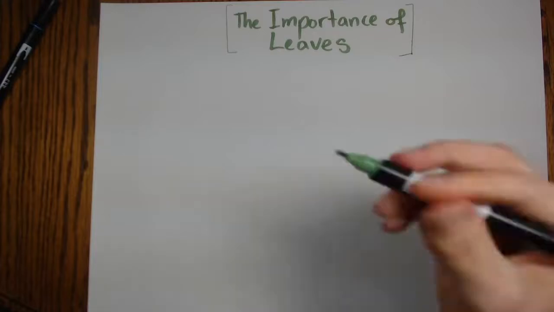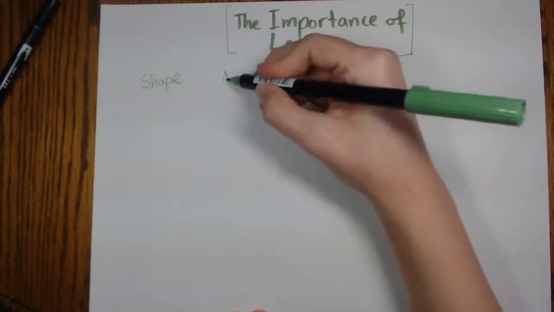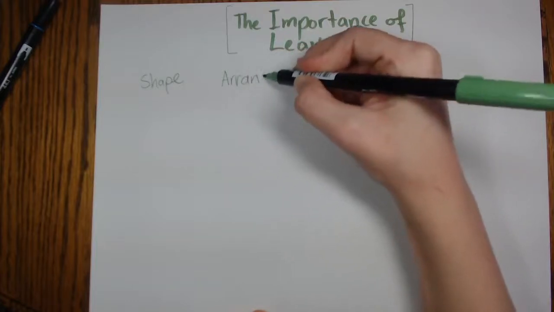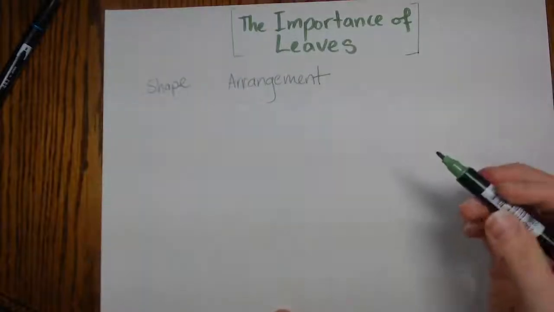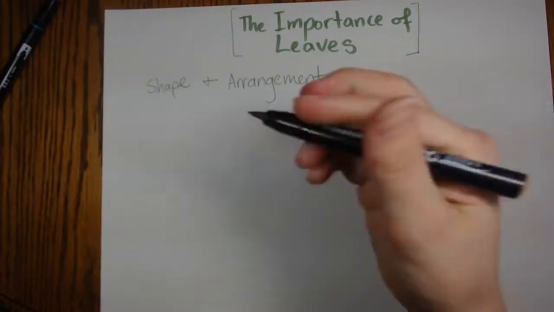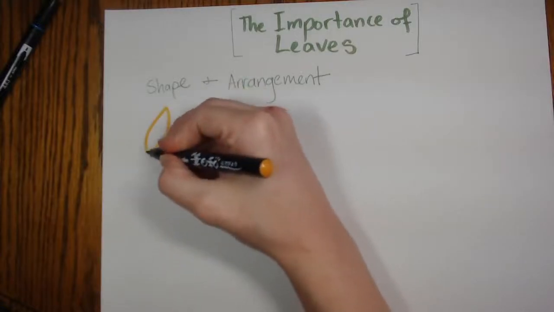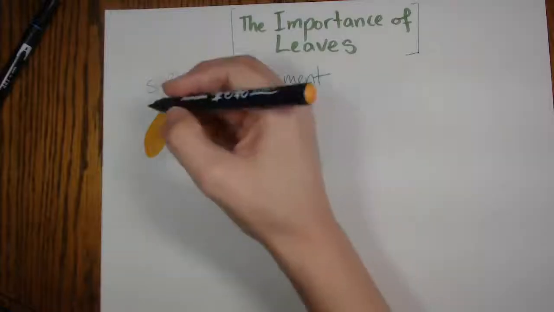Now, there are countless shapes and margins, that's the edge of the leaf, that exist out there. So I'm not going to go over those today, but I will give you a quick example on a few of those. Some leaves are entire margins, which means that there is no weird squiggles or shapes. It's just like a perfectly smooth outer edge.